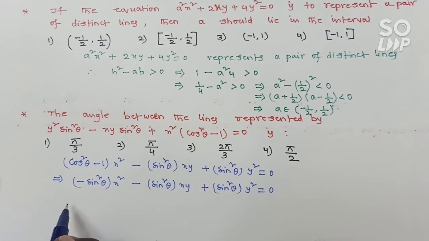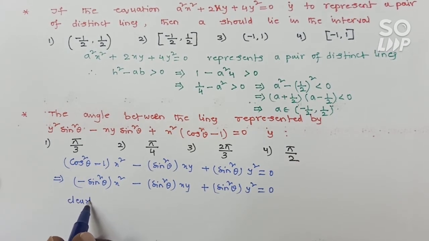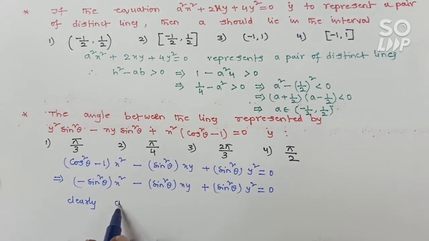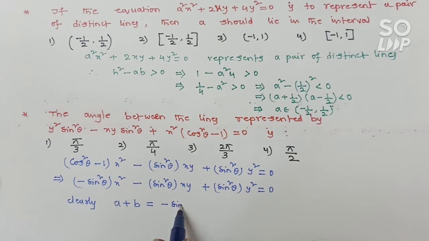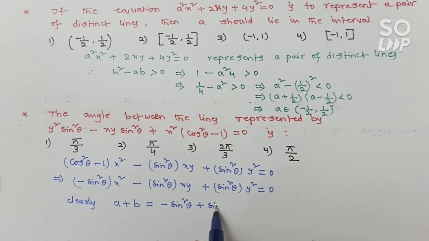So here you will write clearly: a plus b is equals to minus sin square theta plus sin square theta. So this value will be equals to 0.